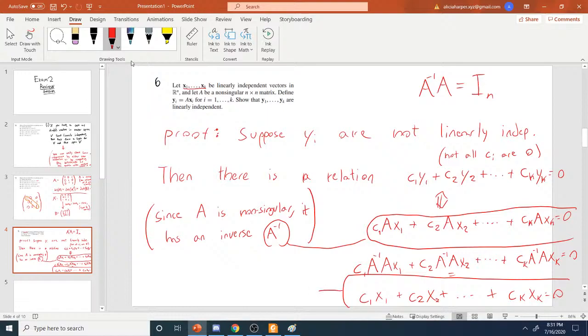So this right here contradicts the linear independence of the xi. And that completes the proof. And this is a proof by contradiction.